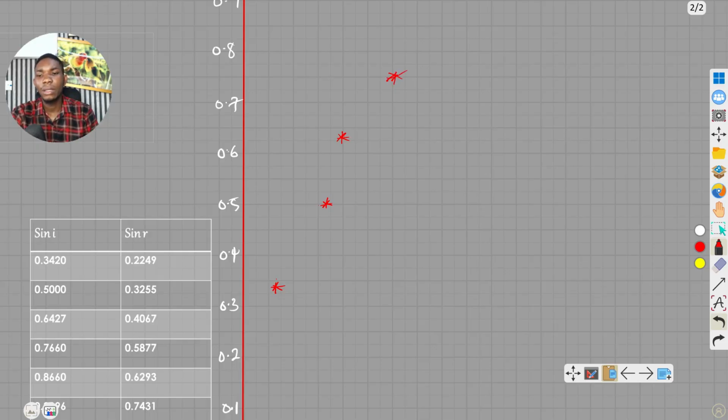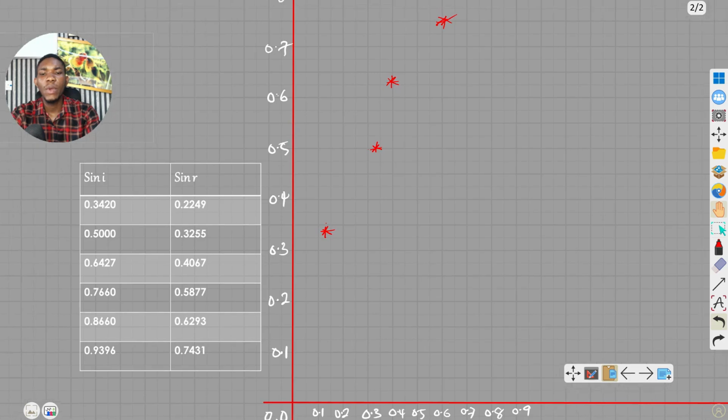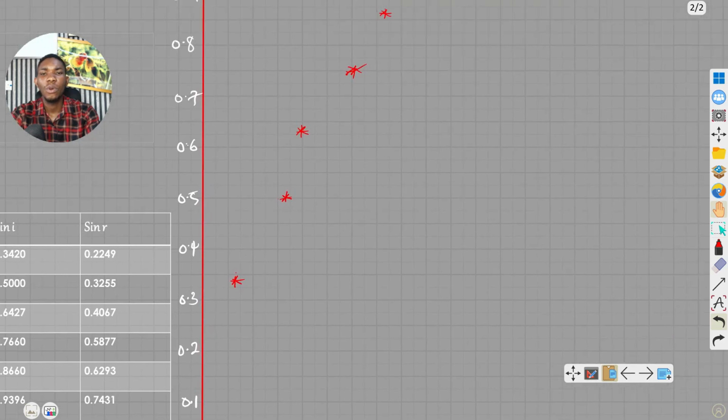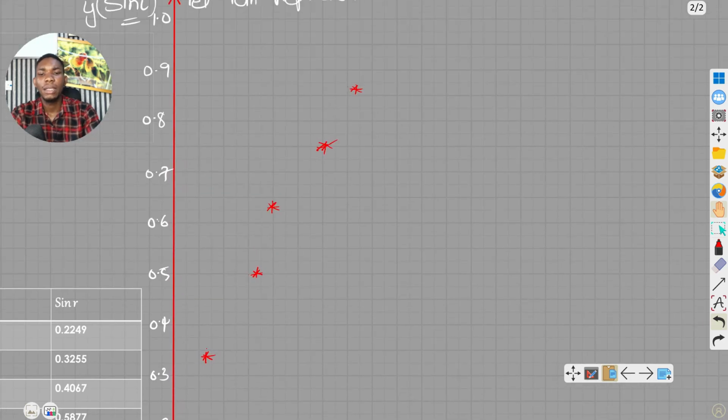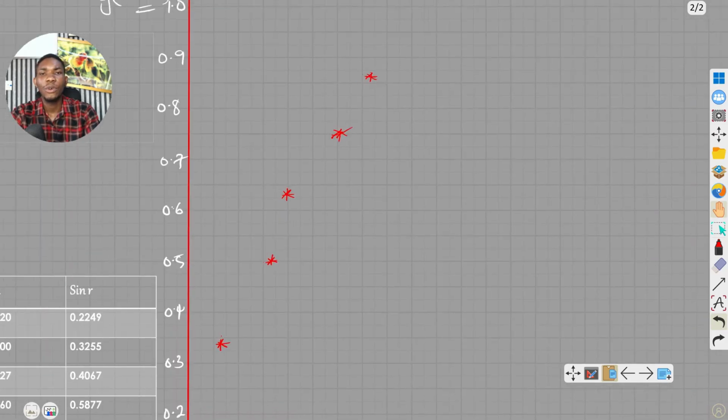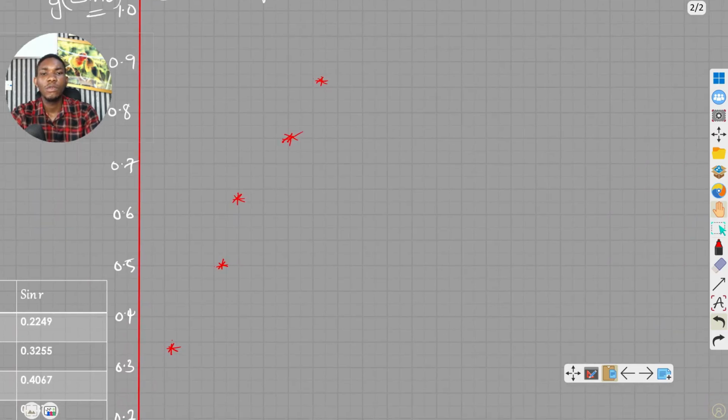And then the other one is 0.866 and 0.63. This 0.866 will be somewhere around here. Then 0.62, or let's say 0.63, will be somewhere around this region. And then the last one, I think, is 0.94 and 0.74.